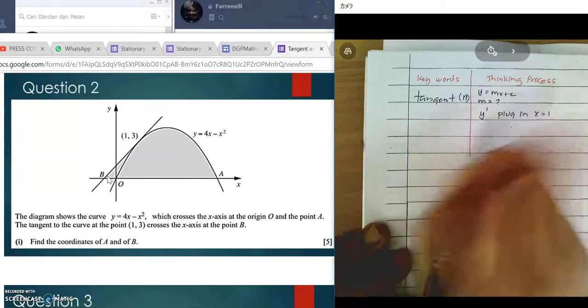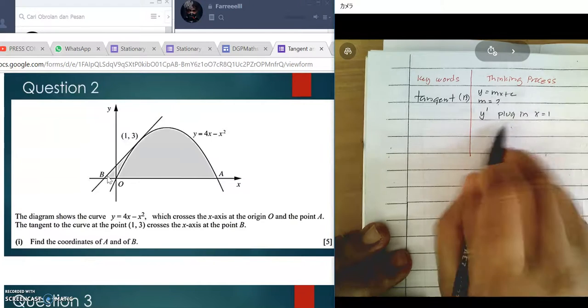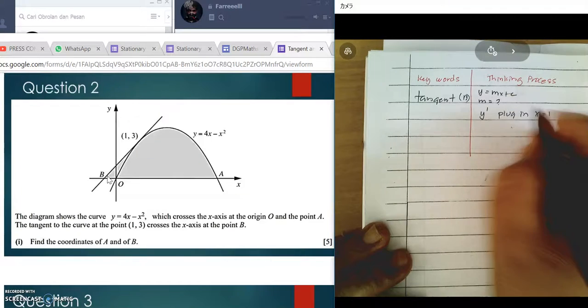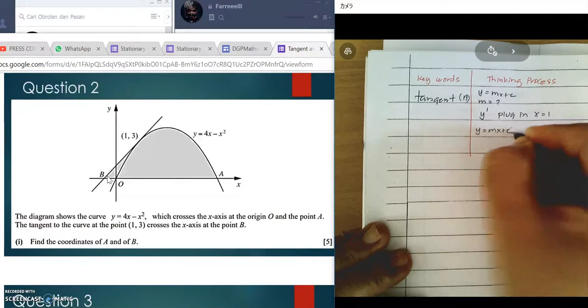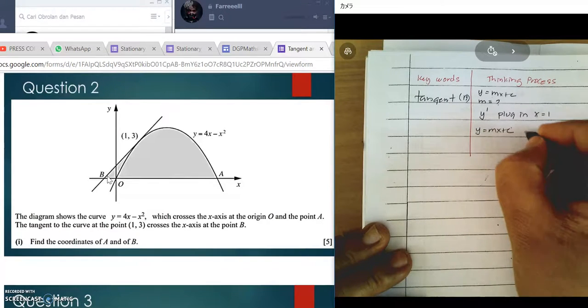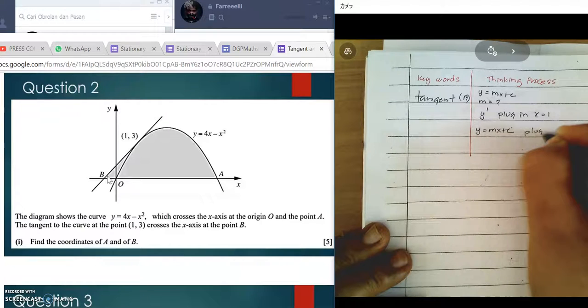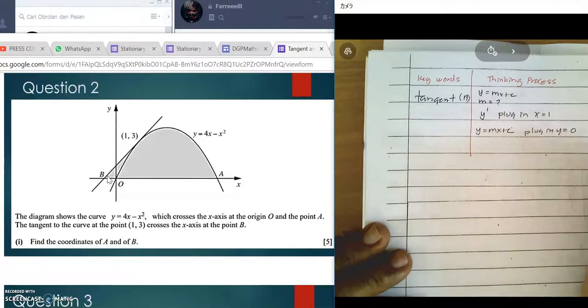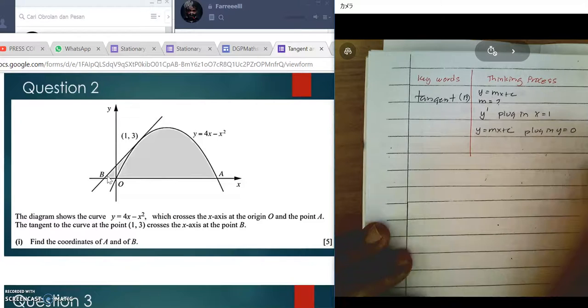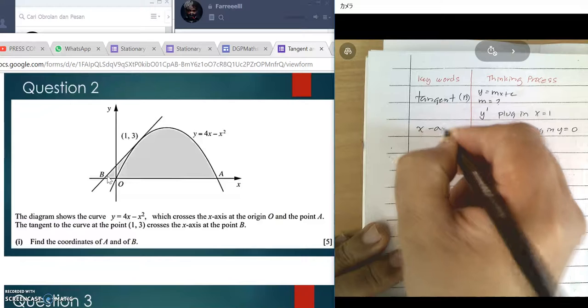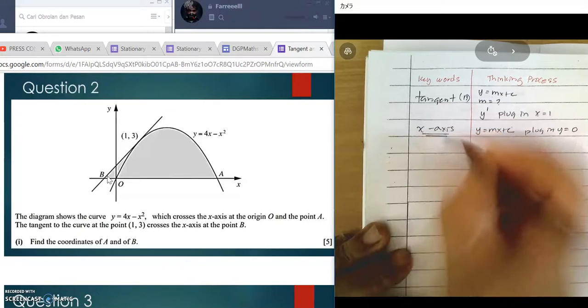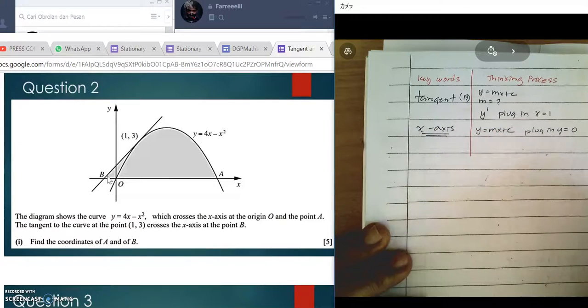Then after finding the equation of the line, y equals mx plus c, you need to plug in y equals 0 because it says it passes through the x-axis. So the intersection with the x-axis, that is the keyword and that is the implication there.